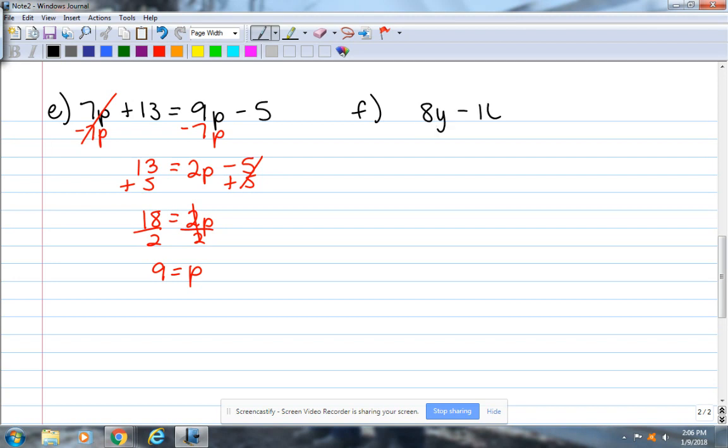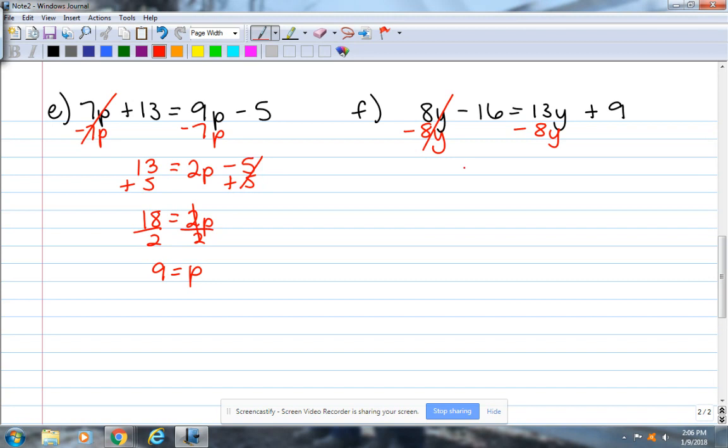8y minus 16 equals 13y plus 9. Somebody tell me what you want to do first to get your variables together. Subtract 8y. Me too. So those will cancel.